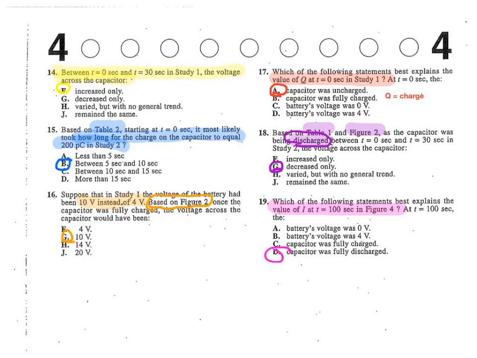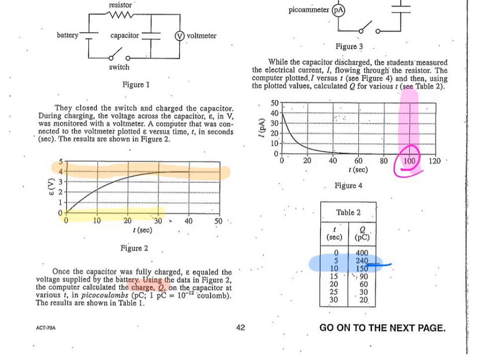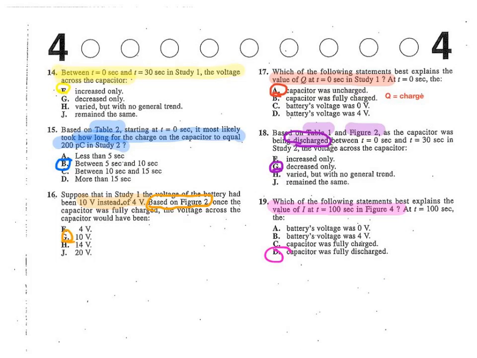So again, 10 volts instead of the 4 volts, and we're going to be looking at figure 2. Now it's important to remember that the battery was 4 volts, right? And if we look at figure 2, we'll see that the charge maxed out at 4 volts. So it's safe to say that if now we have a battery that's 10 volts, it's probably going to be fully charged at 10 volts.